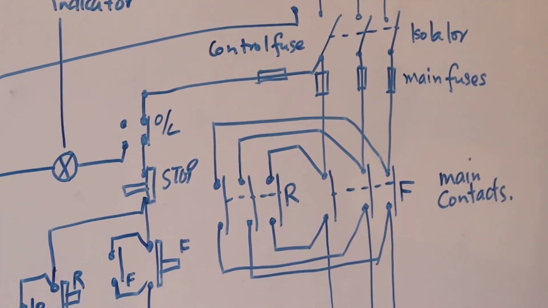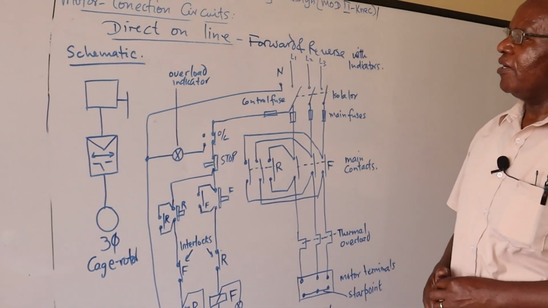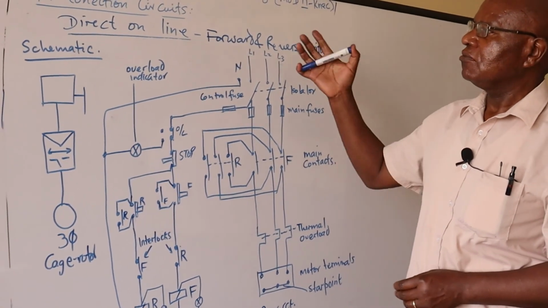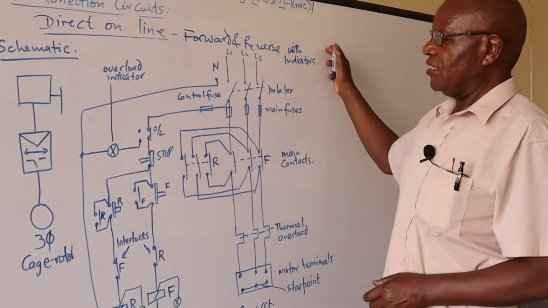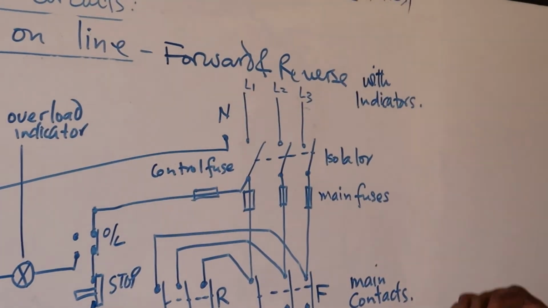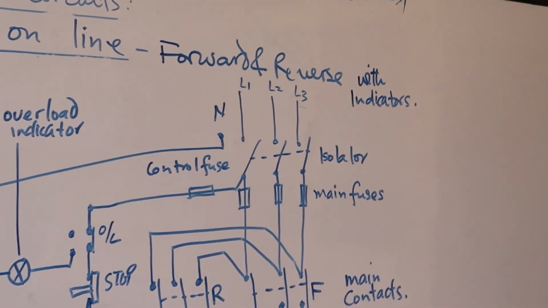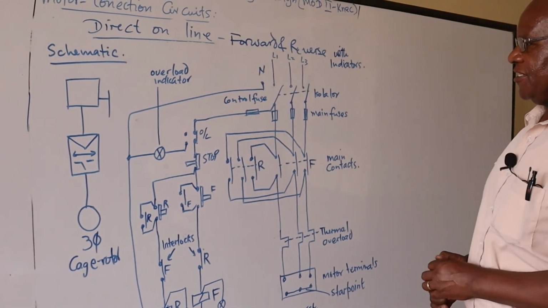Now we are finished with our direct on line, which was moving in one direction. Now we come to the circuit of direct on line with forward and reverse. So our motor can move in the forward direction, and also we can move over to the reverse direction depending on how you operate it.